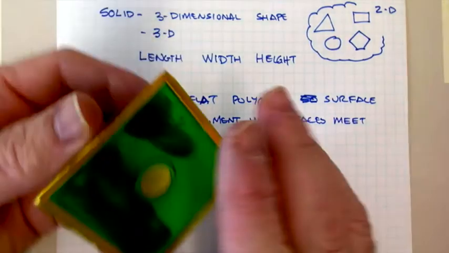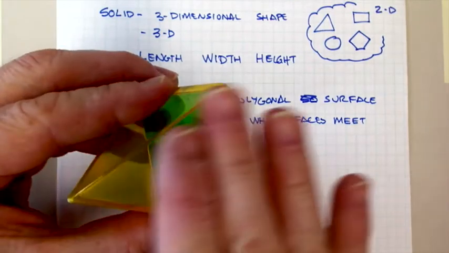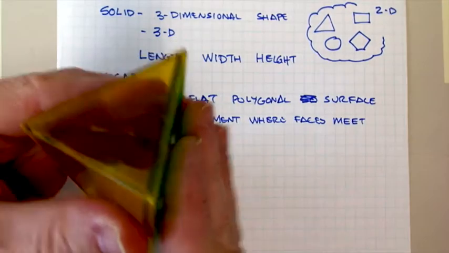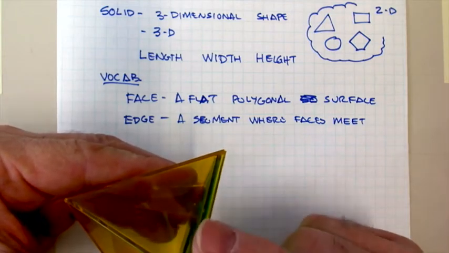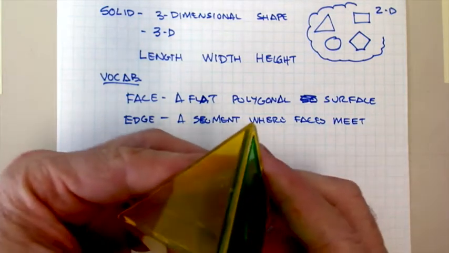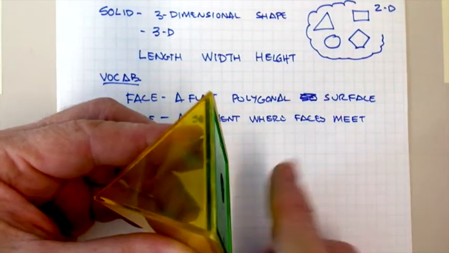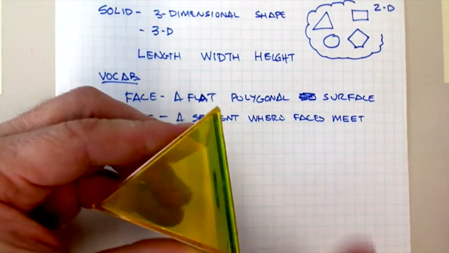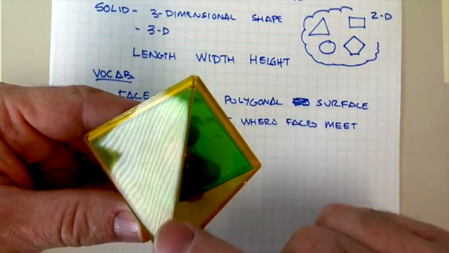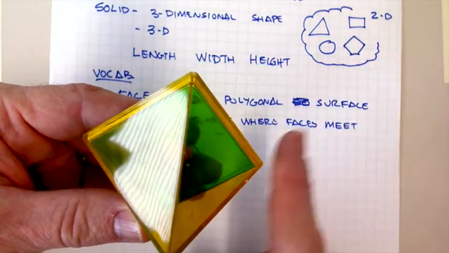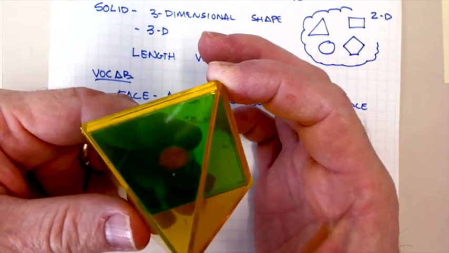So I can rub my hand along this face here and this face here. Those 2 faces are going to meet at this edge. I can run my finger along an edge. This is the edge where the square and the triangle meet. Another example is this edge here. This face and this face meet to form this edge.